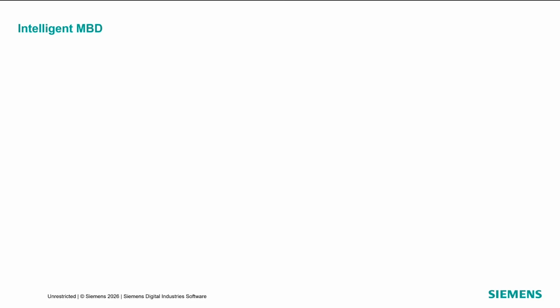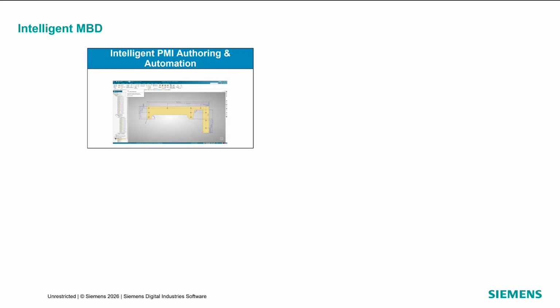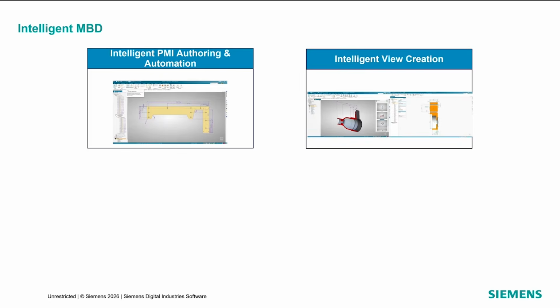So as far as the model-based definition workflows, if I were to separate it into 4 different categories, we'll start by intelligently authoring the PMIs. This is either manually or with automation tools that we have. Then we start creating views.